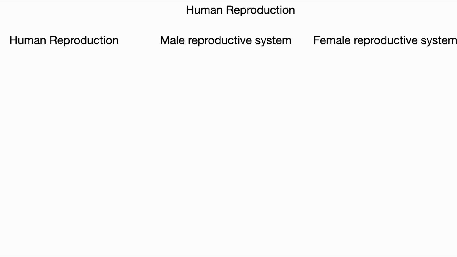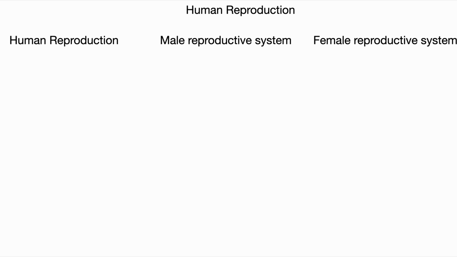Now we will study about the female reproductive system. The female reproductive system consists of a pair of ovaries, that is two ovaries, and a pair of oviducts, that is two oviducts. One uterus, one cervix, one vagina, and the external genitalia. This system is located in the pelvic region.